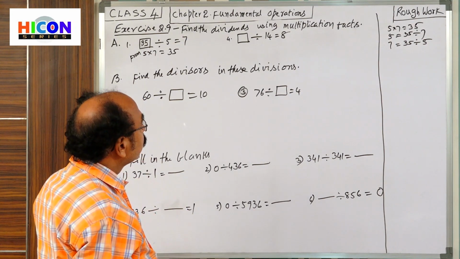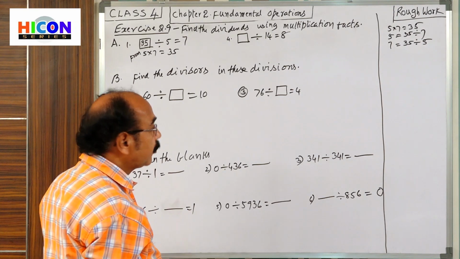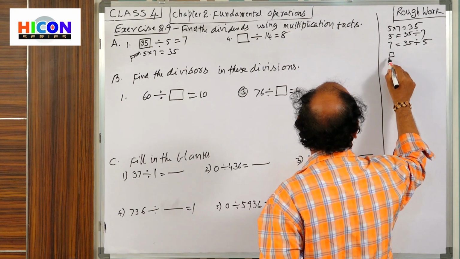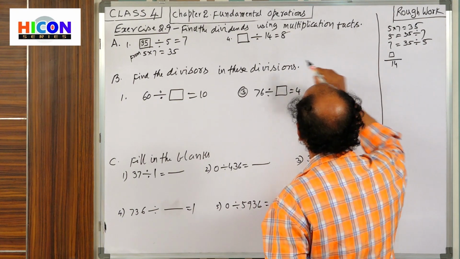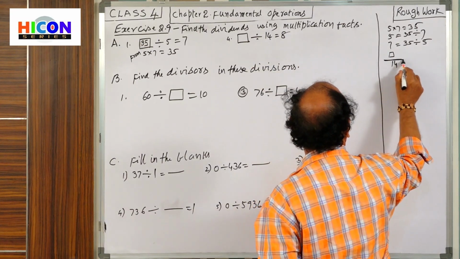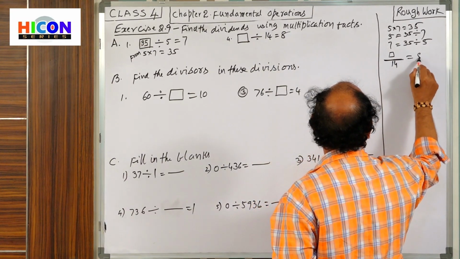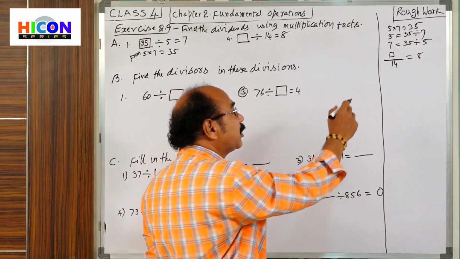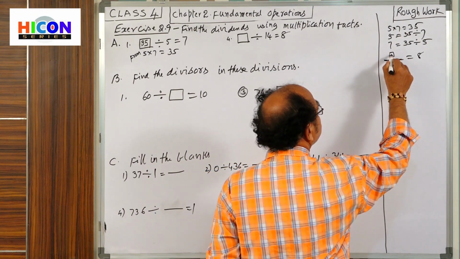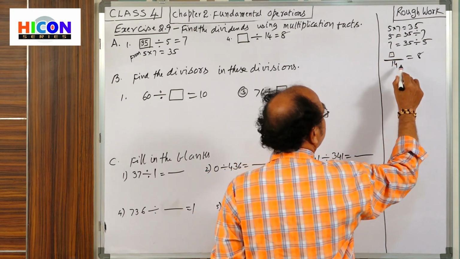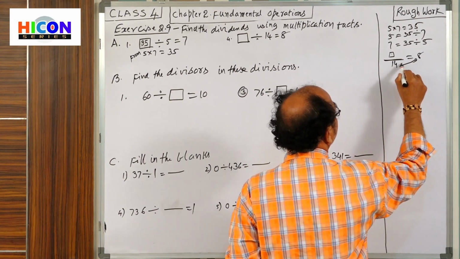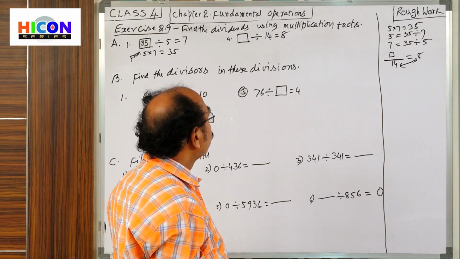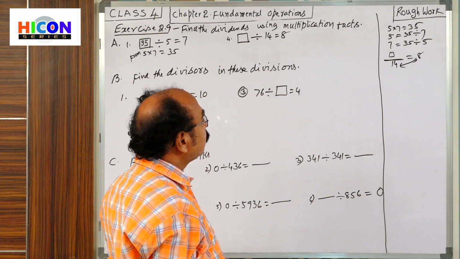Right, children? Here, box divided by 14 is equal to 8.